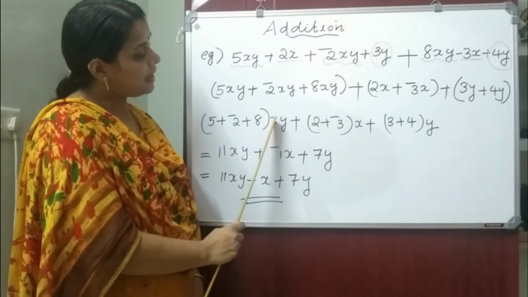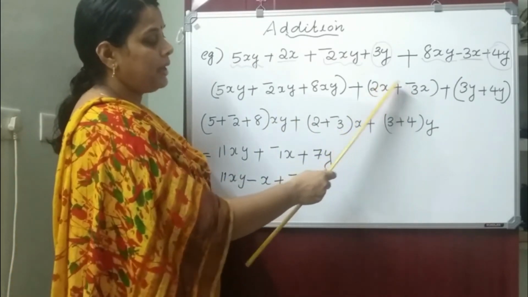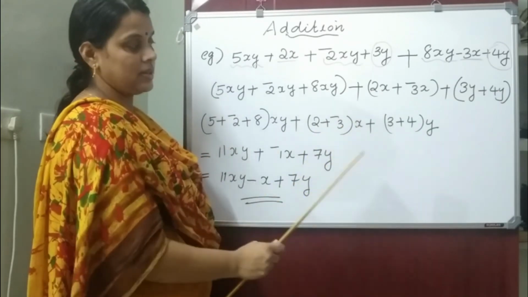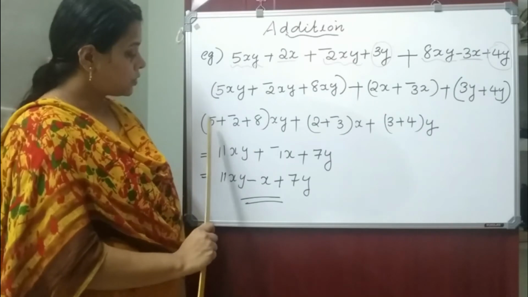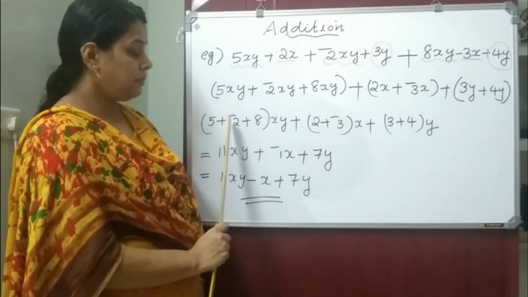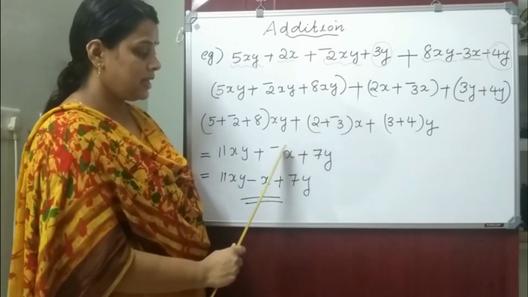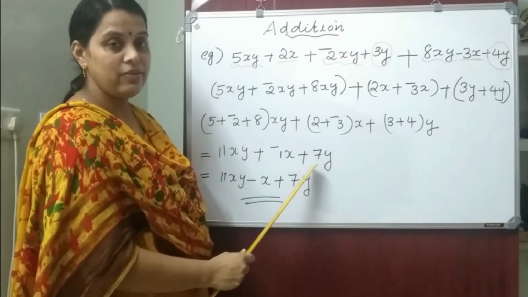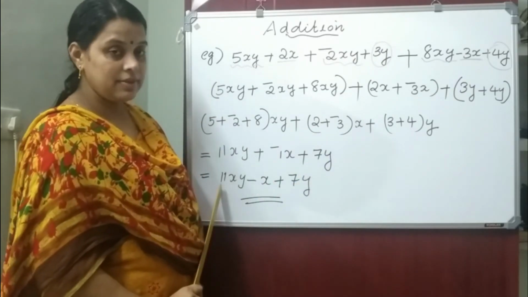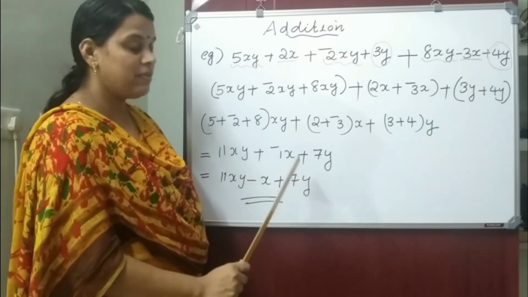The algebraic factor xy plus, here 2 plus minus 3x, 3 plus 4y. So 5 plus 8 is 13, minus 2 is 11. 11xy. 2 plus minus 3 is minus 1x. Plus 4 plus 3 is 7y. So the answer will be 11xy minus x plus 7y.